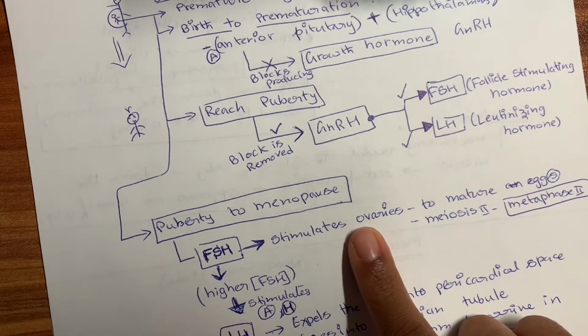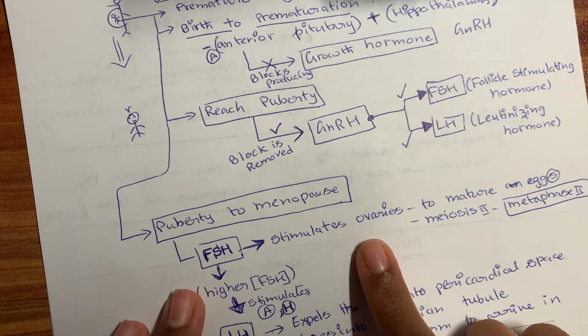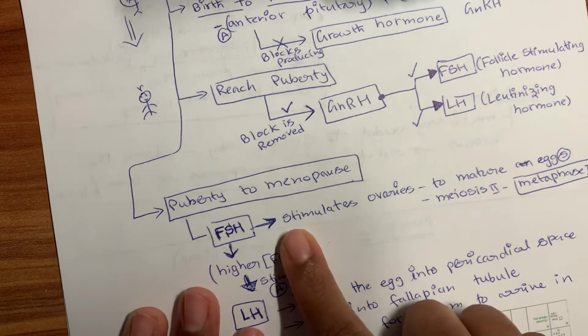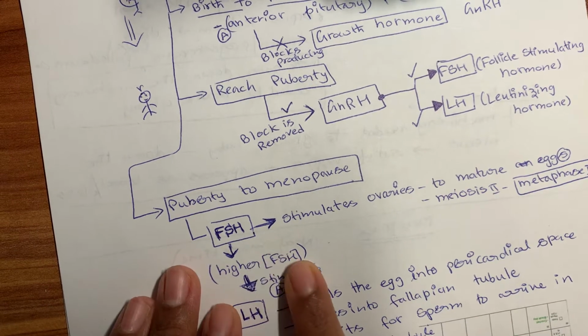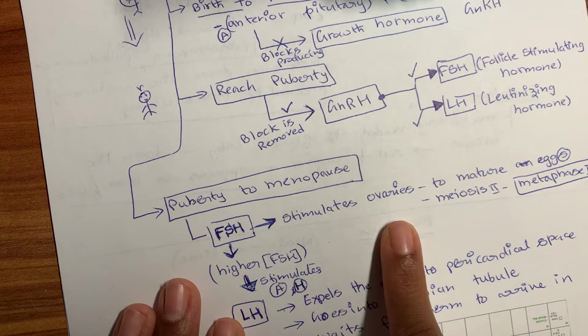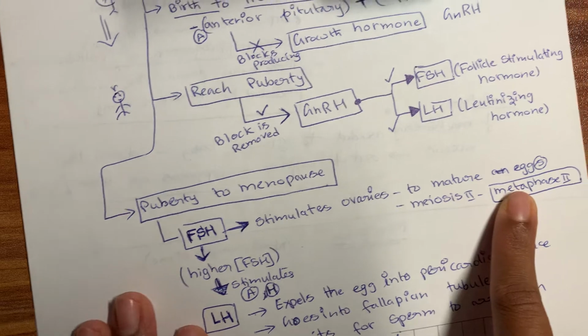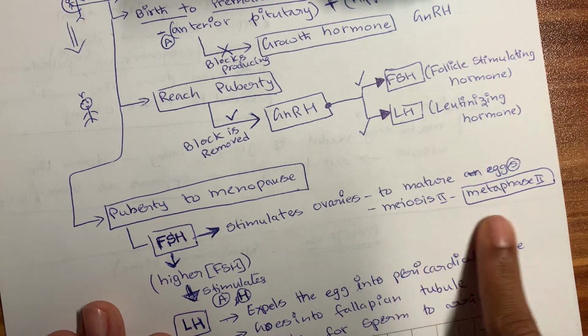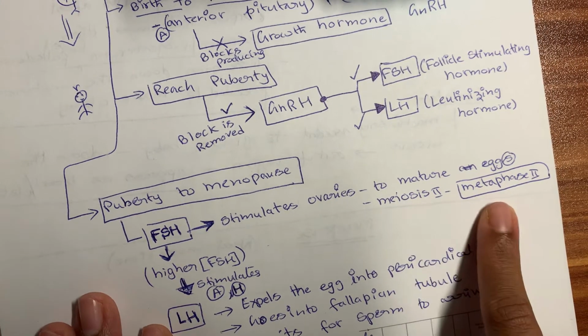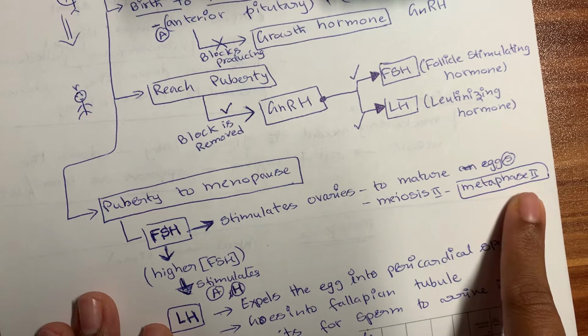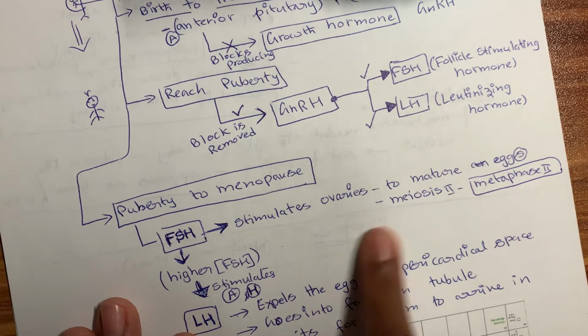At the time of puberty, this follicle stimulating hormone stimulates the ovaries, and the egg starts to move further down and matures, though it's still stuck in metaphase.